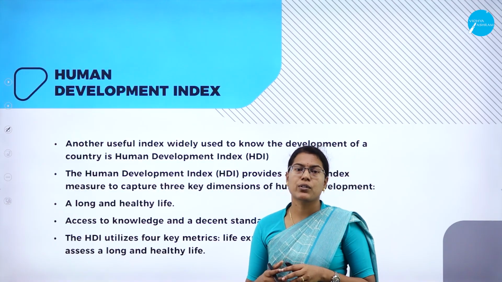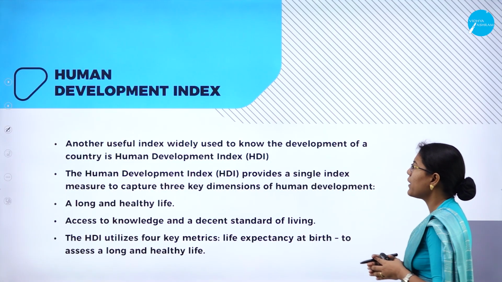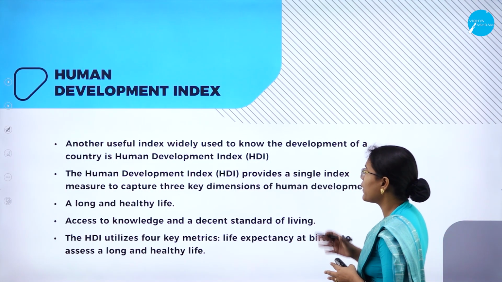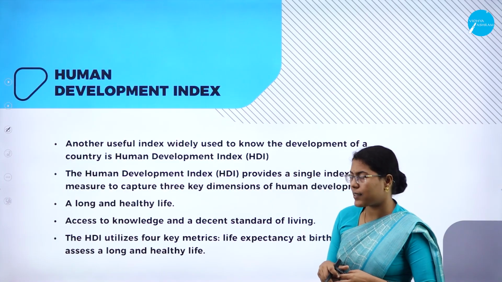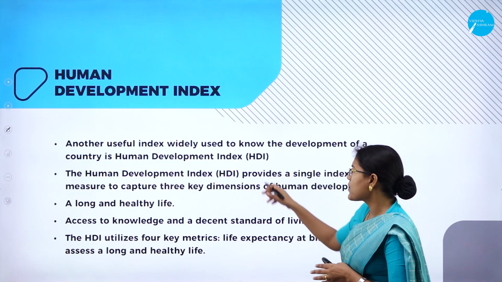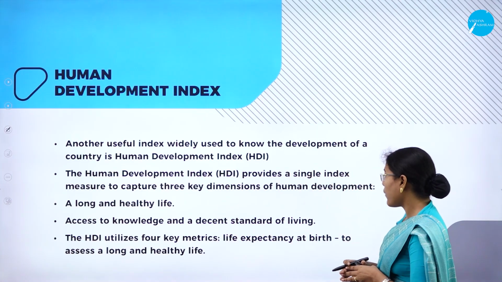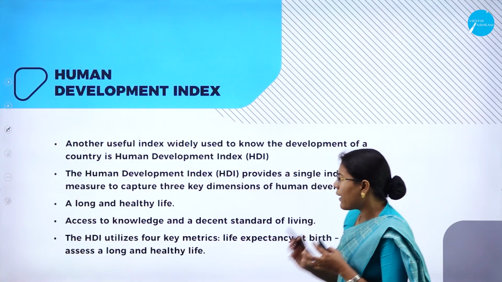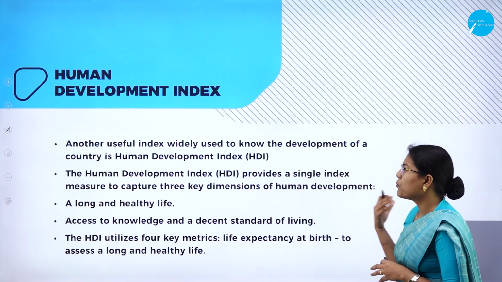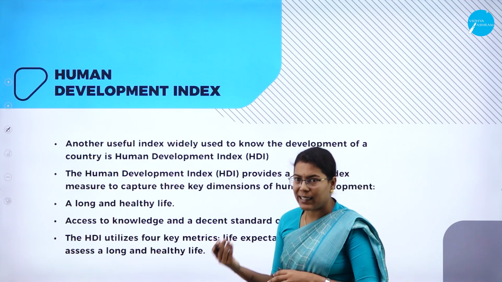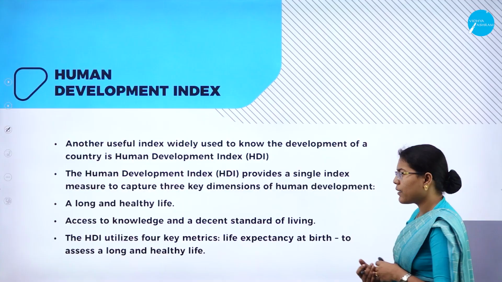Then we also use index numbers for human development. Another useful index widely used to know the development of a country is the Human Development Index, also called HDI. The Human Development Index provides a single index value to capture the key dimensions of human development: a long and healthy life, access to knowledge, and a decent standard of living.